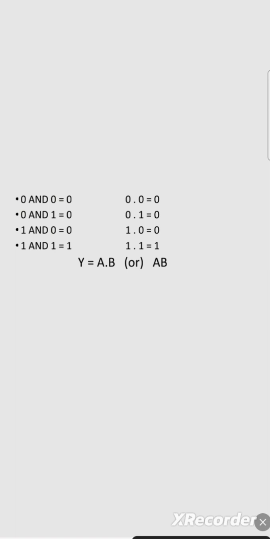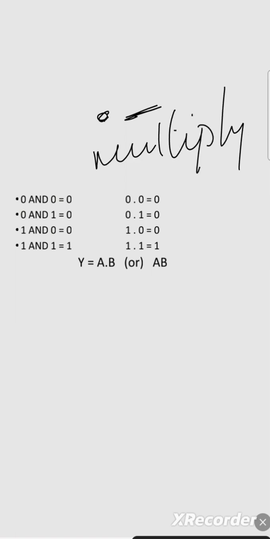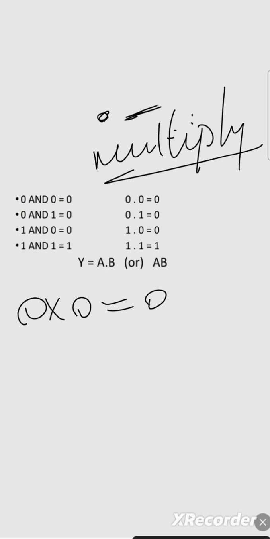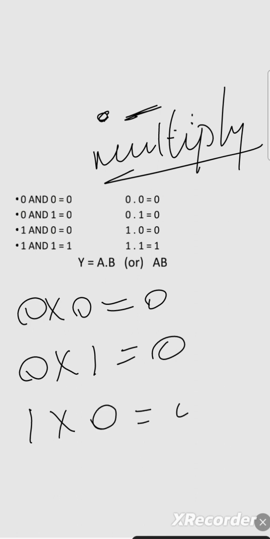Also, if we observe, this dot operation looks like multiplication. If we multiply 0 with 0, you get 0. If we multiply 0 with 1, you get 0. 1 with 0, the same, 0. But 1 and 1 gives 1.